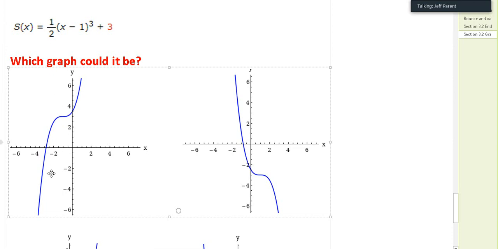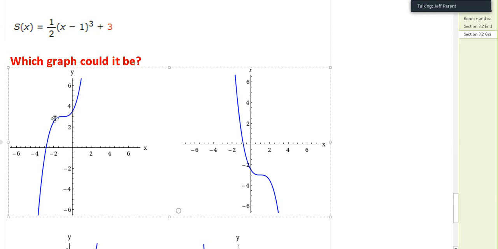So that means it should have which one of these 2 shapes? The one on the left or the one on the right? Not that these are the right graphs, but should the shape look like this or like this? First one or the second one? The first one. First one, yes, thank you. So first one, that's a winner. But the -1 plus 3 should shift it to the right by 1 and up by 3.